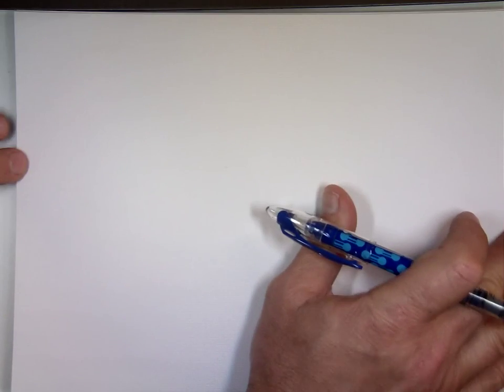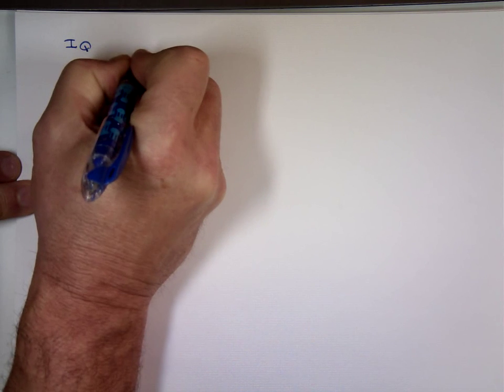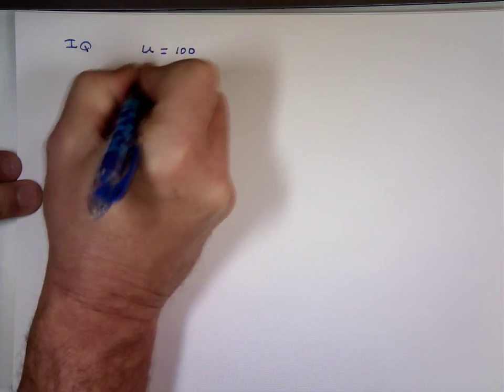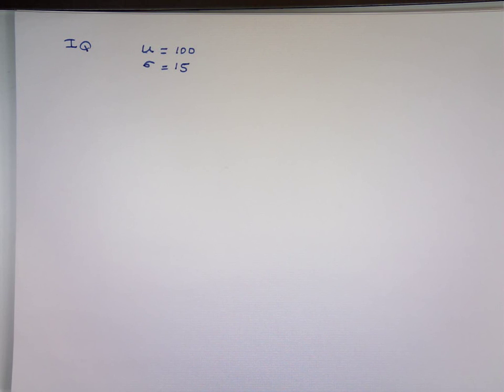So here we go. IQ scores usually have an average of 100 and a standard deviation equal to 15, according to all these psychologists, sociologists. So an average person, remember, we all fit within what? 2 standard deviations from the mean.